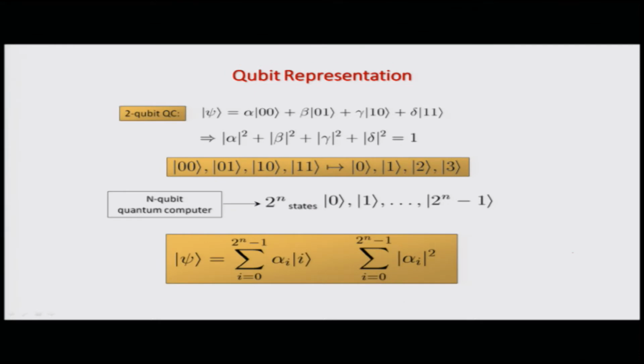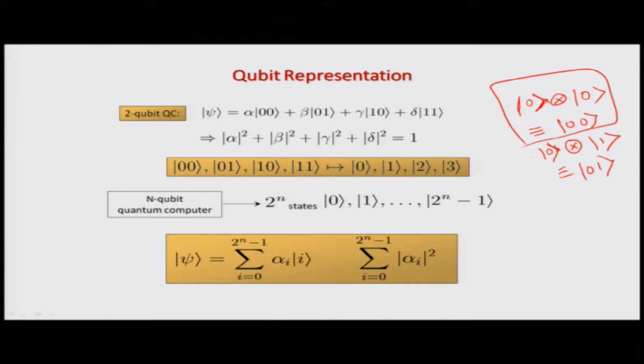Now, for a 2 qubit representation, we have similarly the tensor product of these individual states, which is represented by 0 0. If it is any one of the other, then it is represented in this fashion.